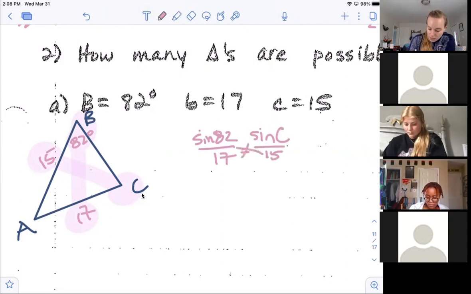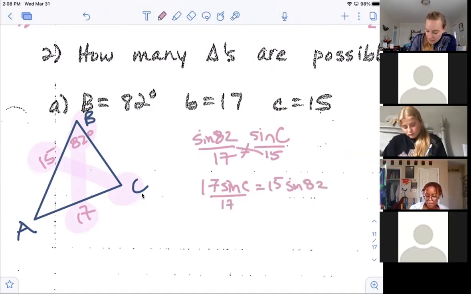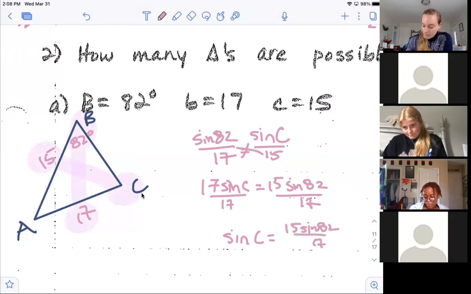Okay, cross multiply. I'm going to do 17 sine C equals 15 sine 82. I'm going to divide by 17 on both sides, which gives me sine of C equals 15 sine 82 over 17. I'm going to use my calculator.